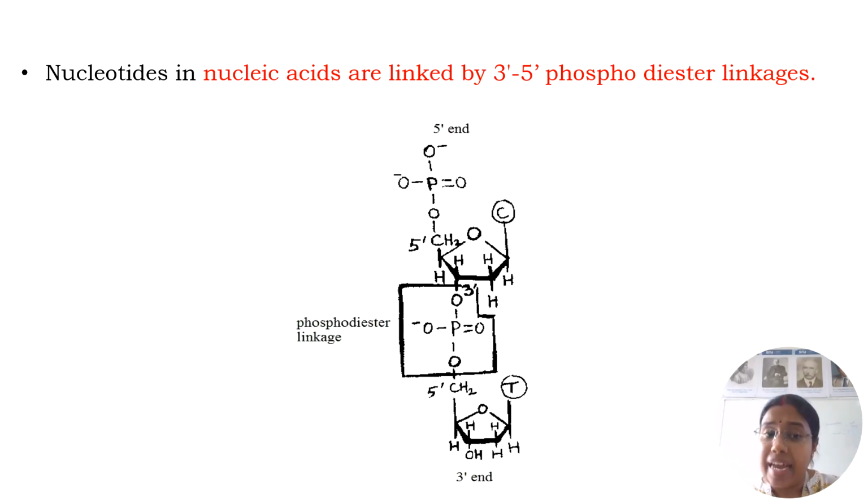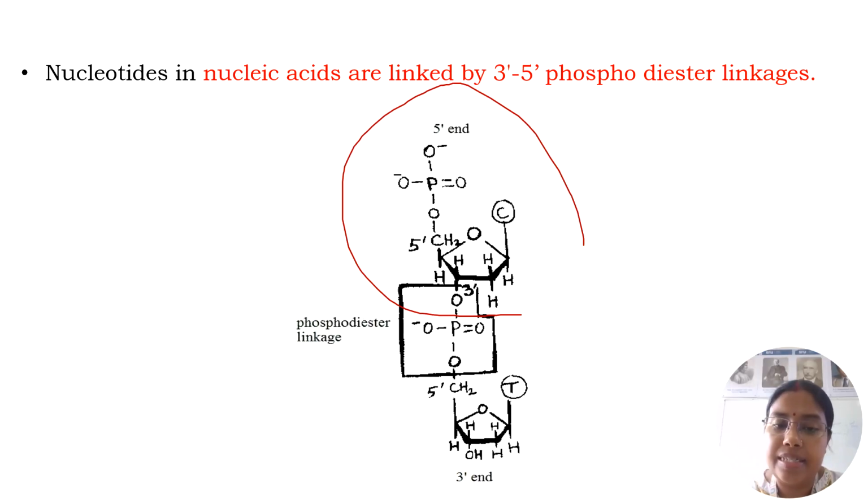The nucleotides in nucleic acids are linked by the 3'-5' phosphodiester linkage. Nucleic acids are the polymer of nucleotides. So one nucleotide is bound with another nucleotide by 3' to 5' phosphodiester linkage. How? This is one nucleotide, that is the sugar carbon. Here the nitrogenous base, maybe it is cytosine.